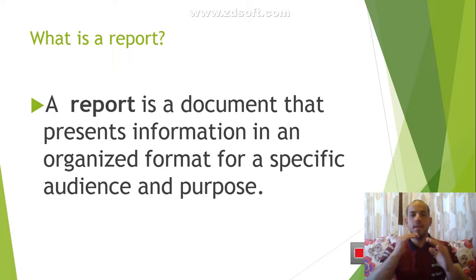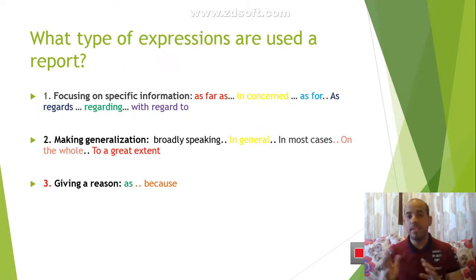So we have many details, some questions, results, and a conclusion, produced for a specific audience and for specific purposes. And now, what type of expressions are used in reports? Each type of writing has different expressions.